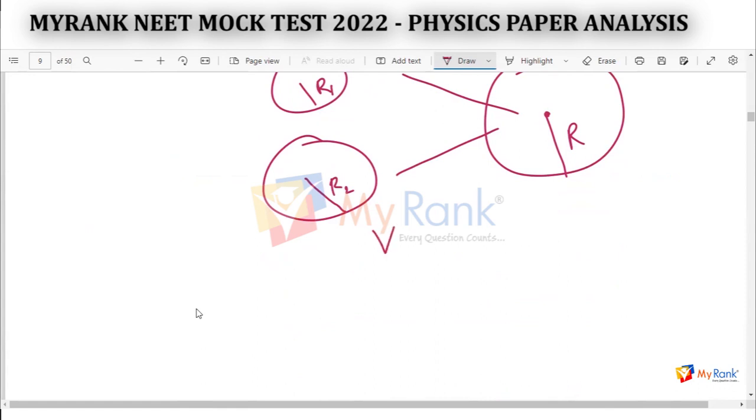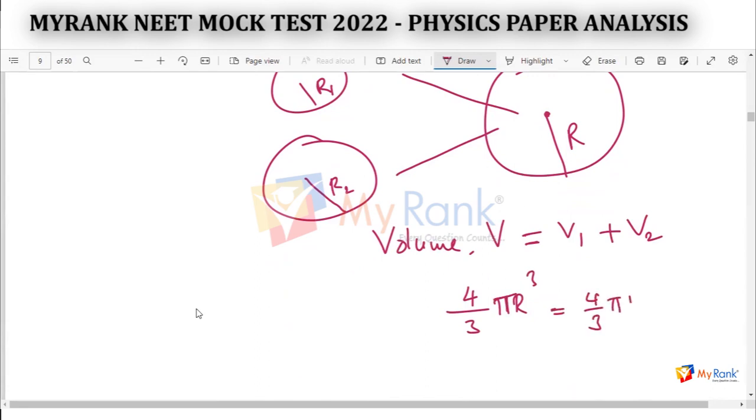So the volume of the bigger drop, V, is nothing but V1 plus V2, students, where V1, V2 are the volumes of the small drops with radii R1 and R2 respectively. The drop will be spherical in shape, so the sphere volume is 4 by 3 pi r cube. R is the radius for the big drop, and for the smaller drops the radius will differ: R1 for the first and R2 for the second.